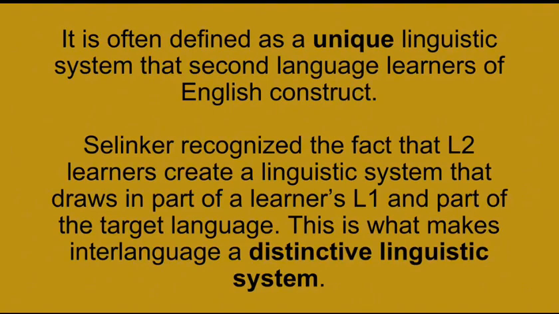Now, Selinker recognized the fact that L2 learners create a linguistic system that draws in part on a learner's L1 and part on the target language. This is what makes interlanguage a distinctive linguistic system.